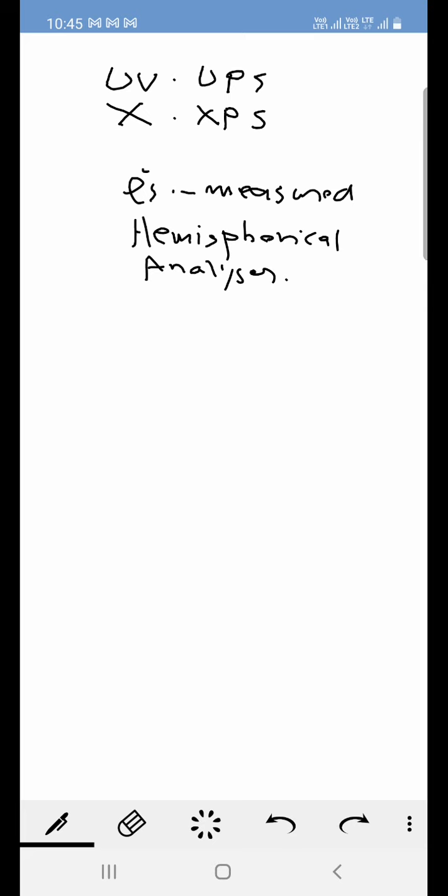And the photoelectron spectrum is a plot of the number of electrons emitted against the kinetic energy.